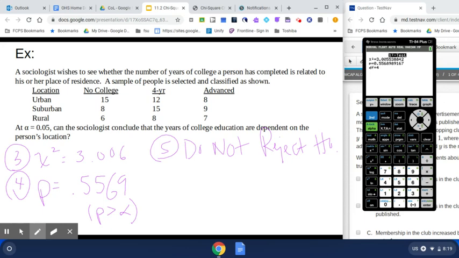So to answer the question, can the sociologist conclude that the years of college education are dependent on the person's location? No. So at alpha equal to 0.05, we cannot conclude that the years of college education are dependent on the person's location. We're concluding that they're independent.